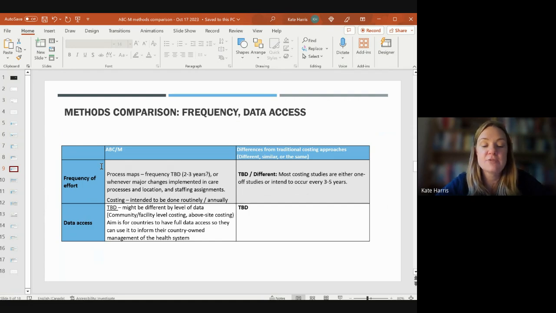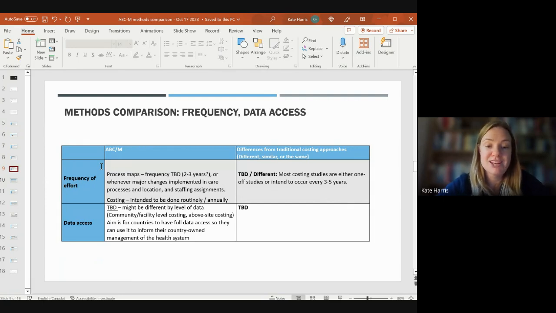The intention is for the costing elements to be done routinely or annually, to understand where the money went and how much it cost. This is quite different from most traditional costing methods, which are usually either a one-off study or perhaps every 3 to 5 years. There are of course exceptions, so it's good to ask whether an approach is meant to be a one-off or not.